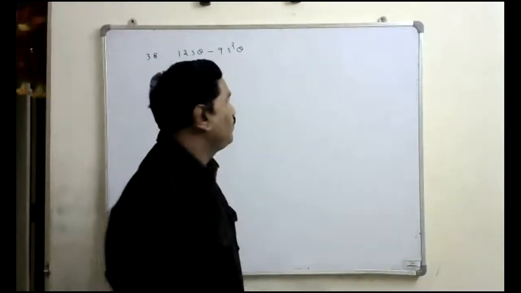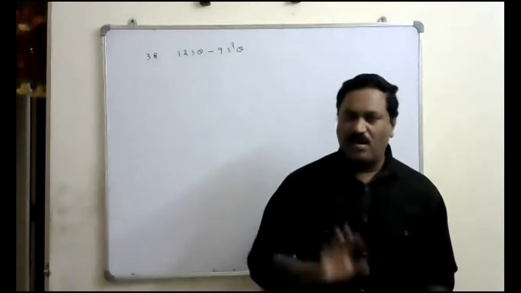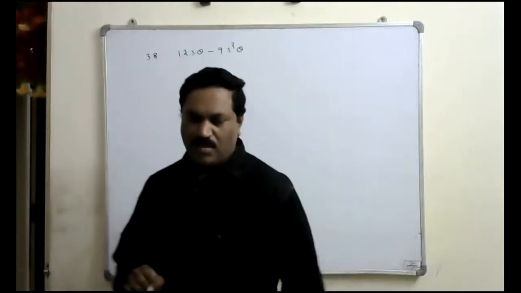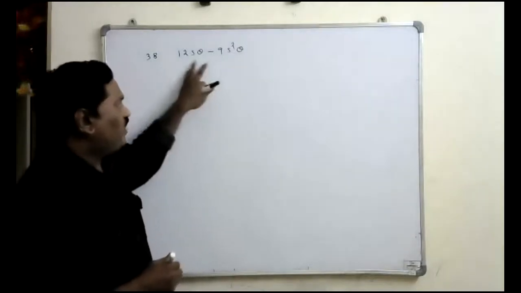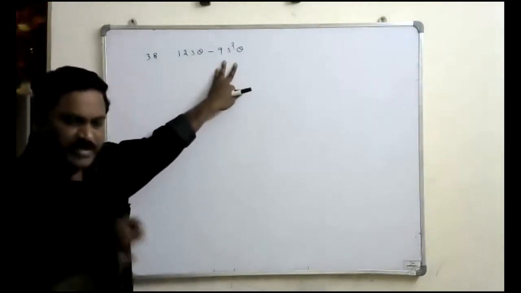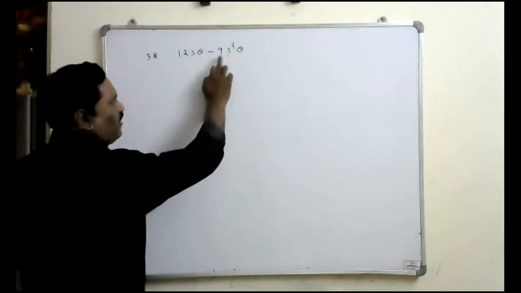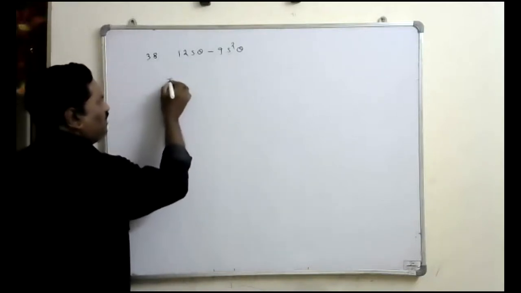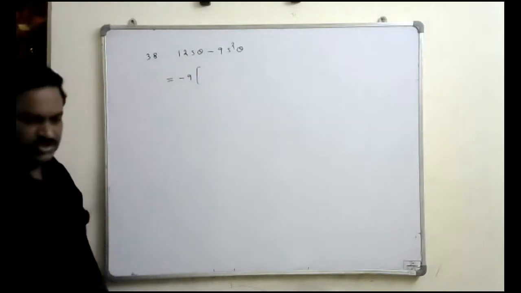To find this, whenever you find a quadratic expression either in terms of the sine or in terms of the cos, to find either its maximum or minimum, we have to convert this into the perfect square format. For that, whatever the square term is there, take whose coefficient as the common. There is a minus 9, take that minus 9 common first.